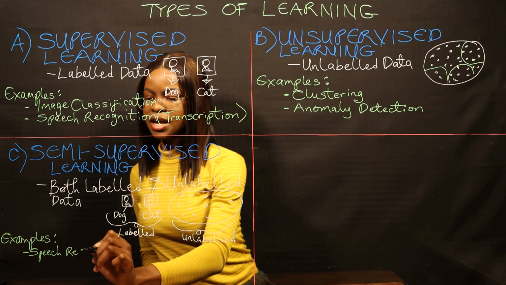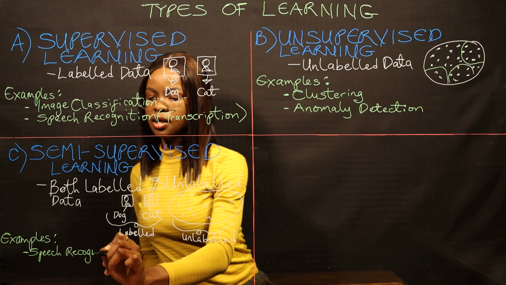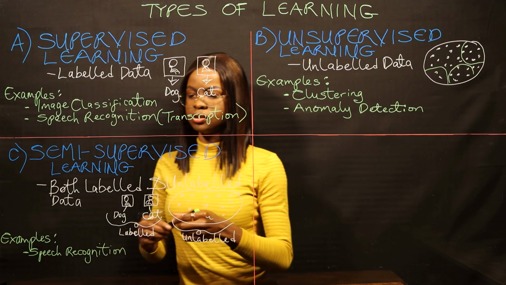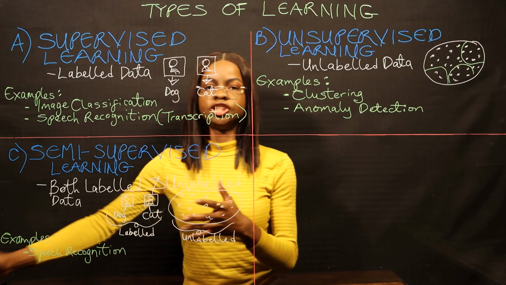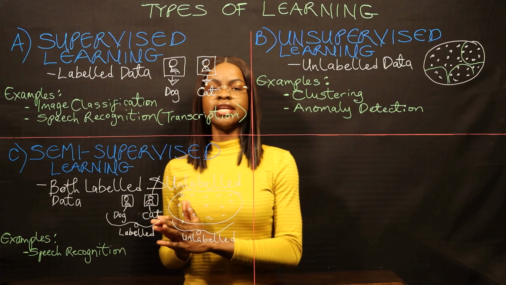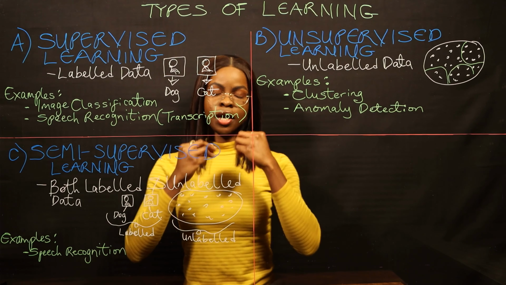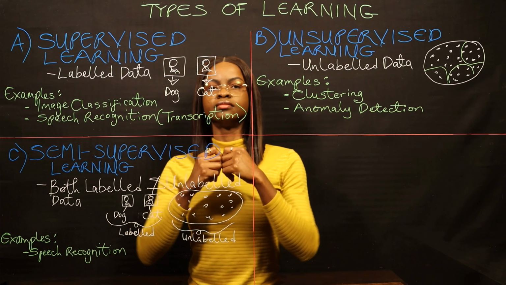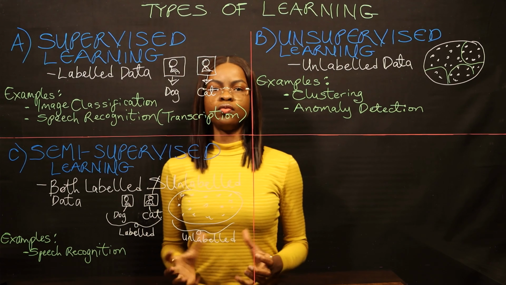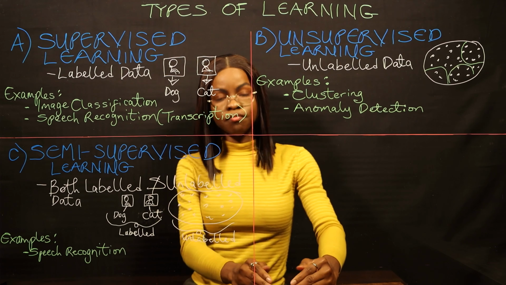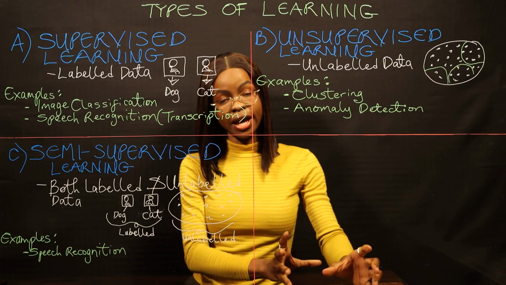Speech recognition. First of all, the model is trained on labeled or annotated data. So as I'm speaking, the spoken words of mine would be transcribed by human beings into written text.